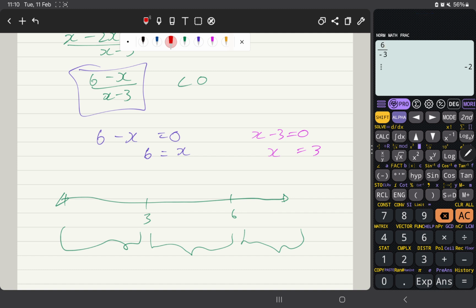So let's take values of x below 3. I can just say 0, and I'm getting a negative value, implying that any value below 3 I'll get a negative. So now let me take any value above 3 but below 6. I will take 5.